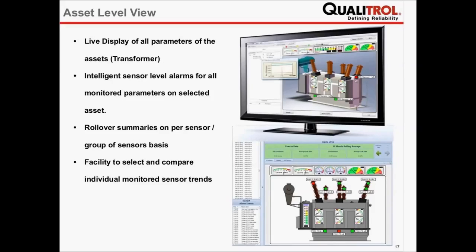Whatever sensors are installed in this transformer should be shown in this view with their current value. Any parameter crossing the alarm limits should be shown in red, and once I click on this red color, I should go to that particular section.